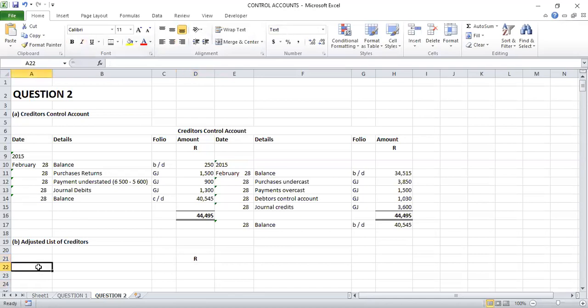Let's start with the balances before correction. What was the balance on the list before the correction?